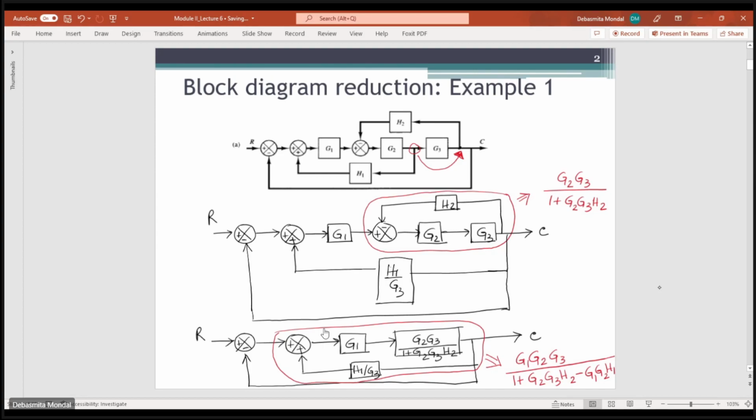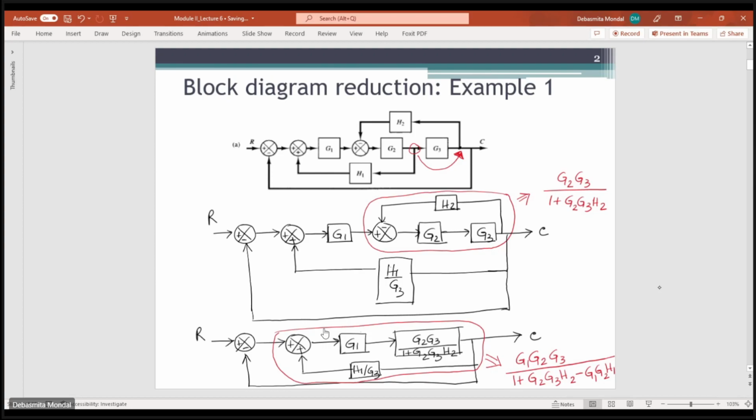Now here again you see that G1, this block, and this H1 by G3 form another loop. Here it's a positive feedback loop, which means again you can write the equivalent transfer function of this part of the loop. That will give you an expression like this.